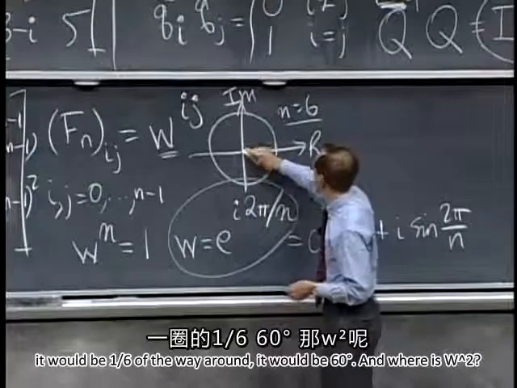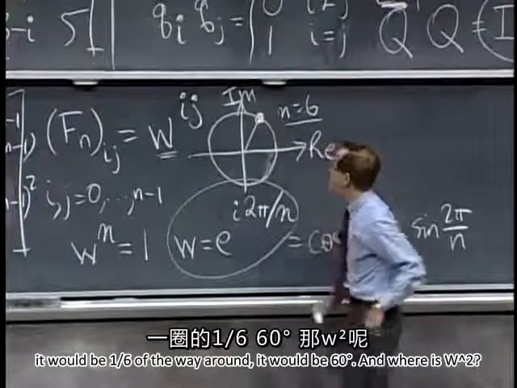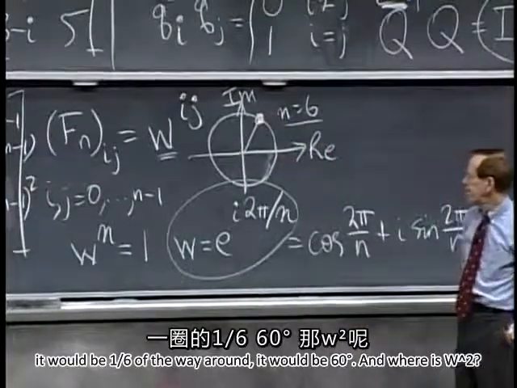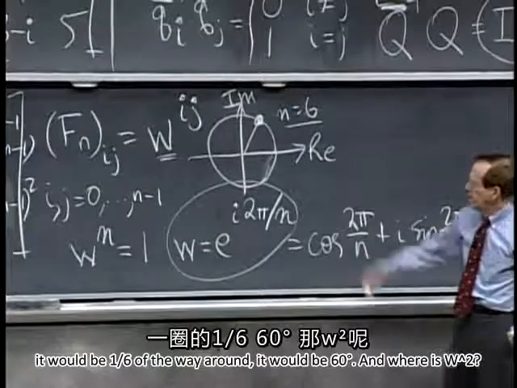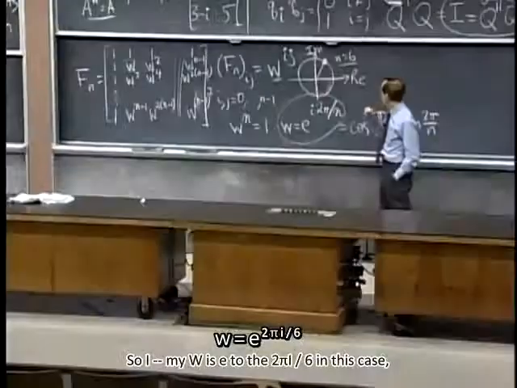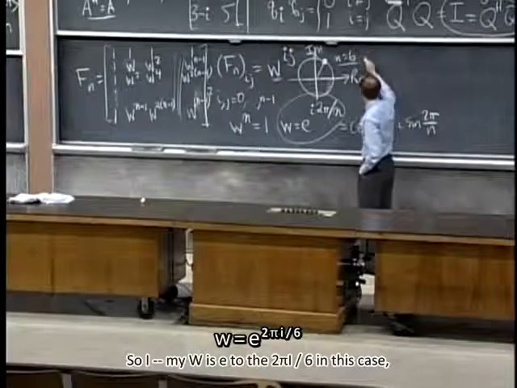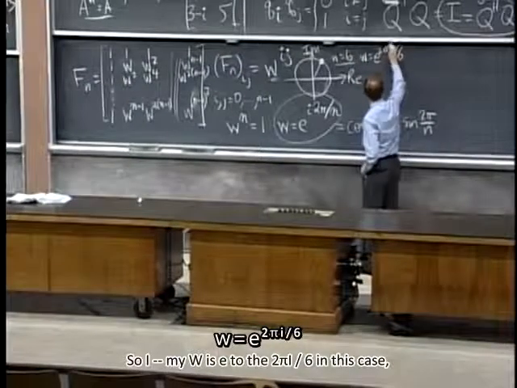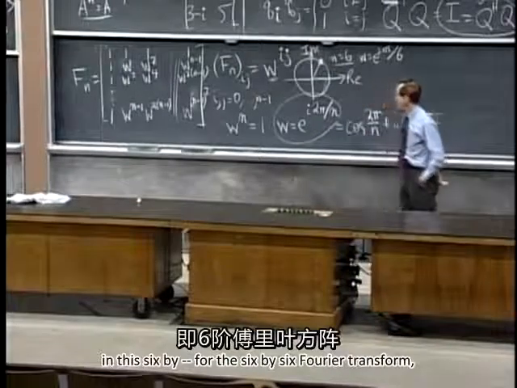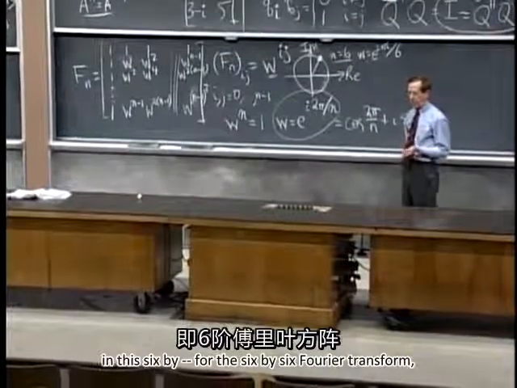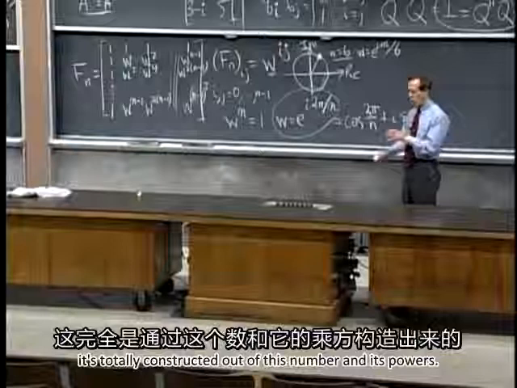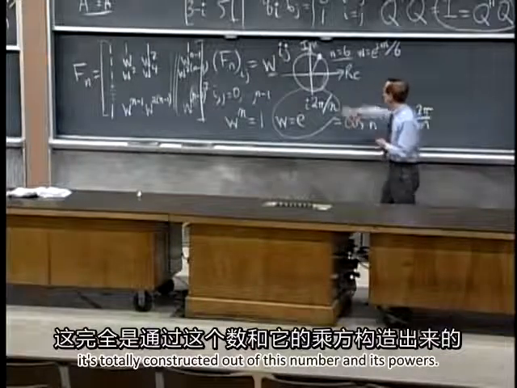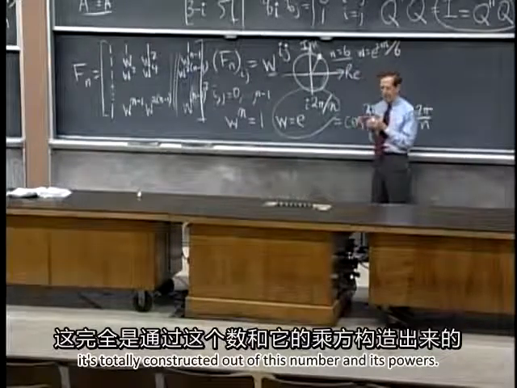It would be 1/6 of the way round. It would be 60 degrees. And where is w squared? So my w is e to the 2 pi i over 6 in this case, for the 6 by 6 Fourier transform. It's totally constructed out of this number and its powers.